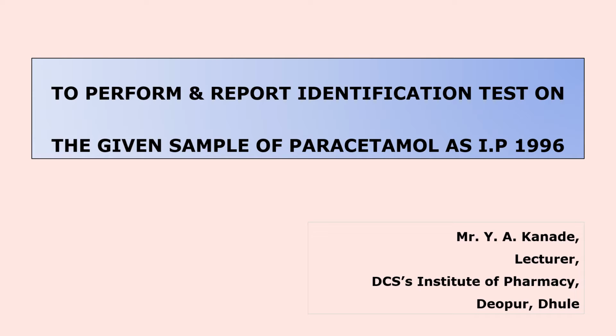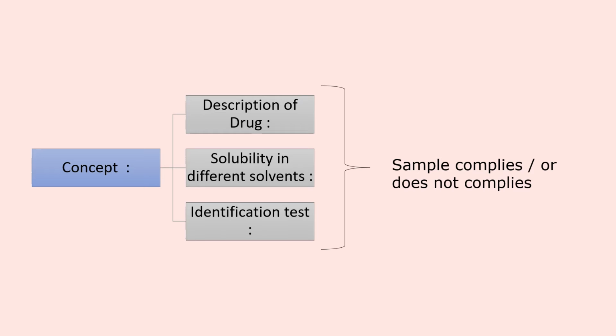Our next practical is to perform and report identification test on the given sample of paracetamol as per Indian Pharmacopoeia 1996. This is the same as we have described in the previous one. That is, we are going to see description of the drug, solubility in different solvents, and identification test.